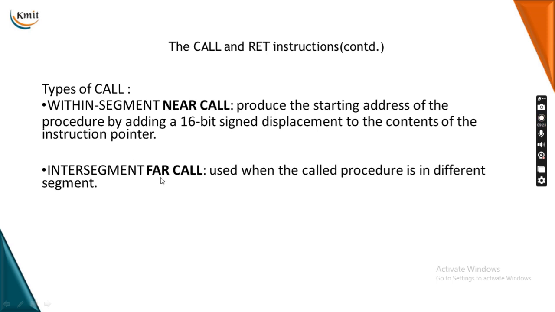If you are using any one of the segments, within that corresponding segment, near call. We can reach the starting address of the procedure by adding a 16-bit signed displacement to the contents of the instruction pointer, used when the called procedure is in a different segment.